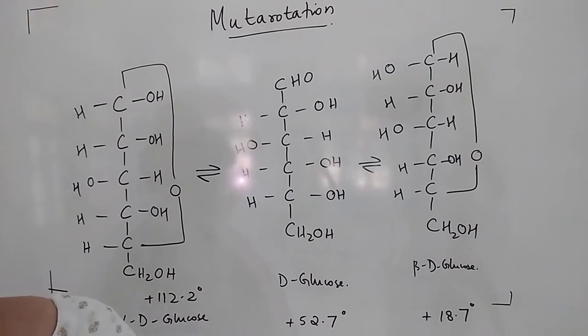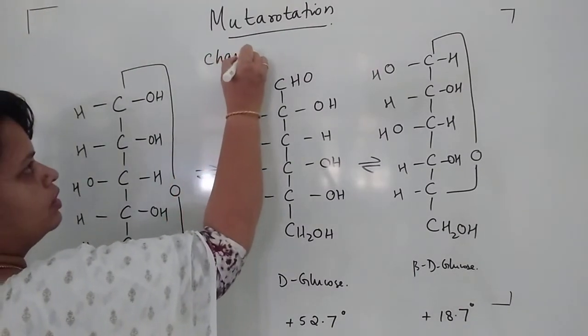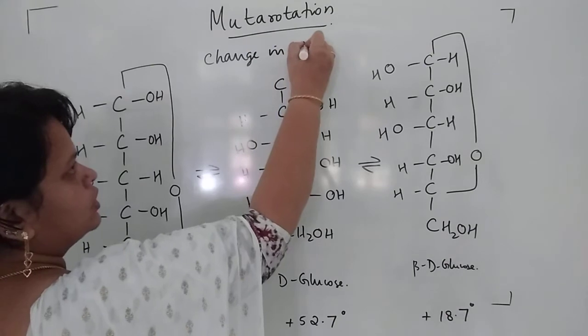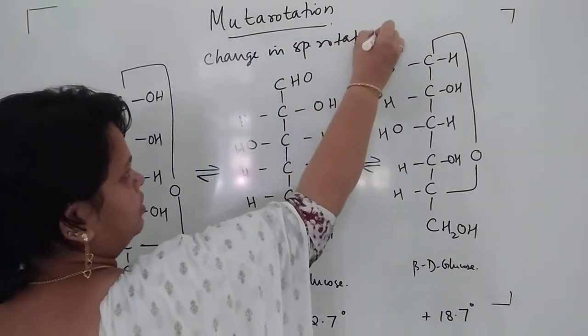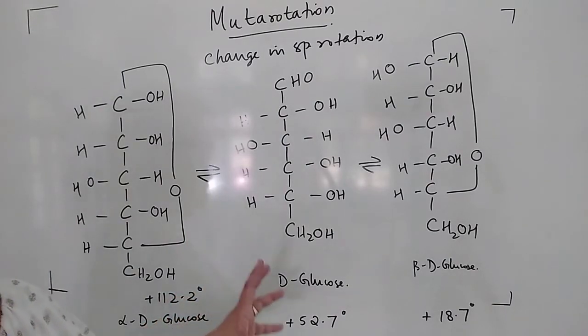This process, the change in specific rotation of a sugar solution with time until a constant equilibrium value is reached, is known as mutarotation.